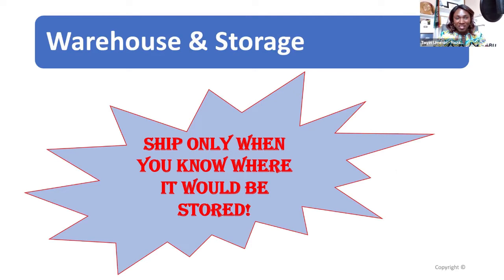Also think about warehouse and storage, particularly when you start going into volume. If it's still a small package here and there, you can put it in your house, but only ship when you know where you're going to store it. Some products require temperature control, particularly in the skincare world.